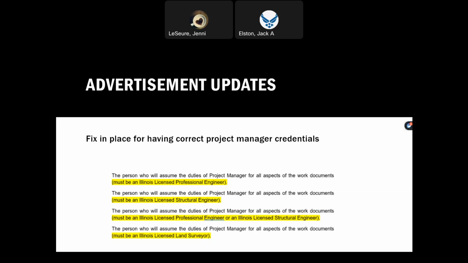We're all human. So I made sure I added the following options here, so that you'll see maybe a few different options. So it could be just an Illinois PE, an Illinois SE, or it could be a PE or a SE or land surveyor. So we're trying to make sure we get those caught.